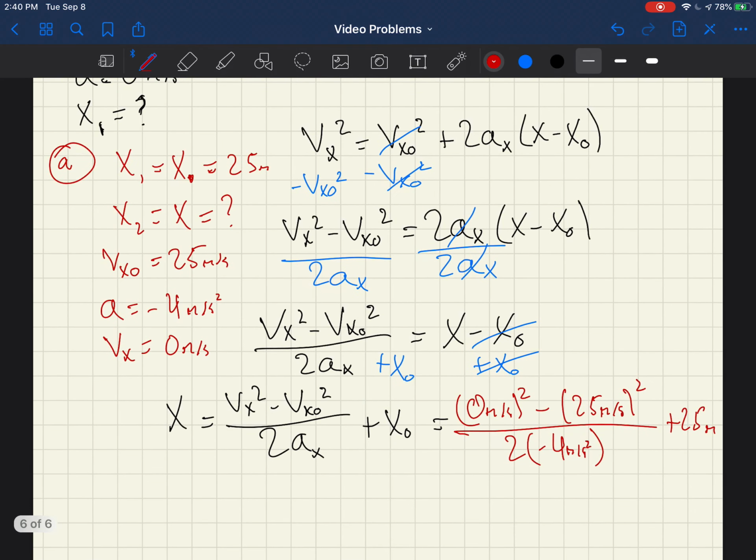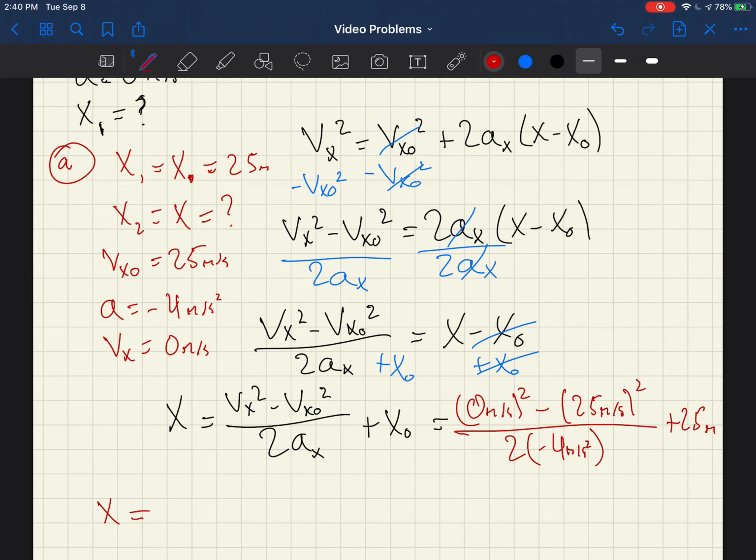I'm going to plug that in and I get an answer of, so this is my final position, the distance I travel. Let me plug it in. 25 squared is 625, and that's negative up top because it's 0 minus.